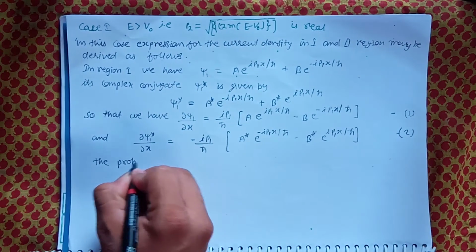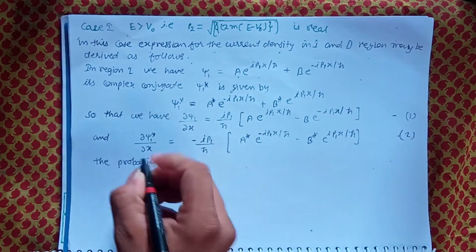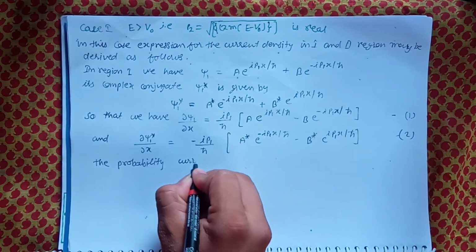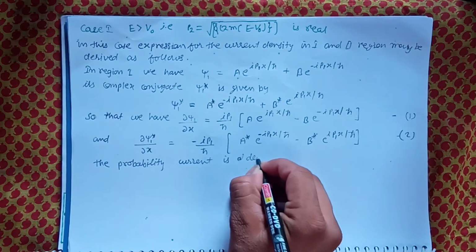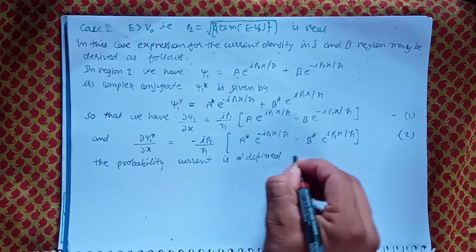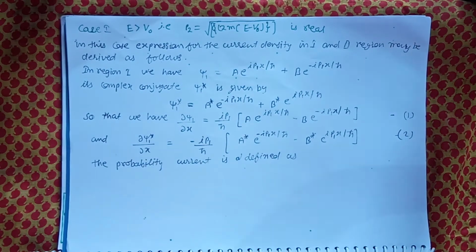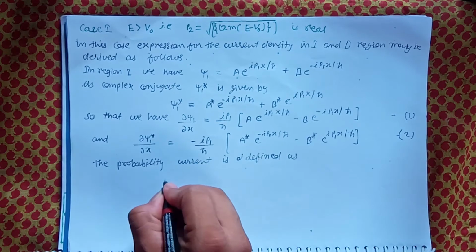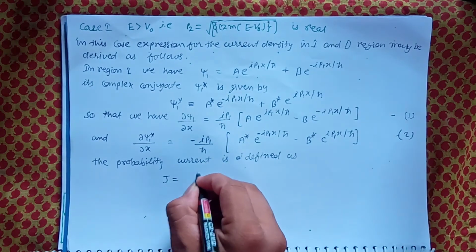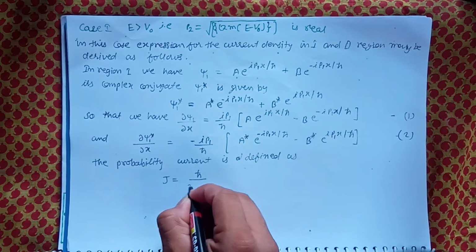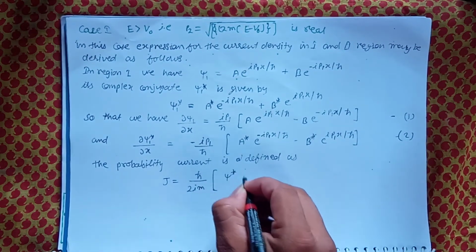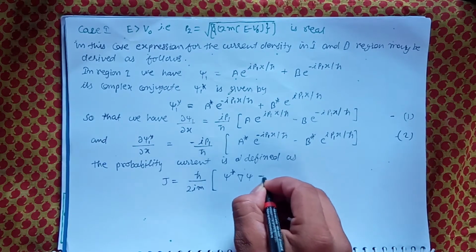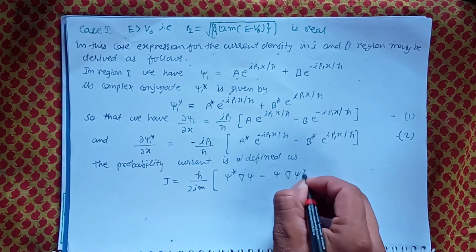The probability current is defined as J is equal to h cut over 2 iota m (psi star del psi minus psi del psi star).